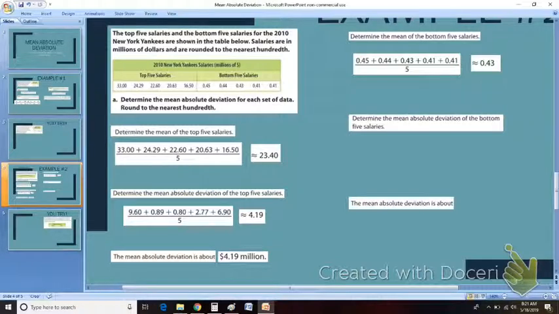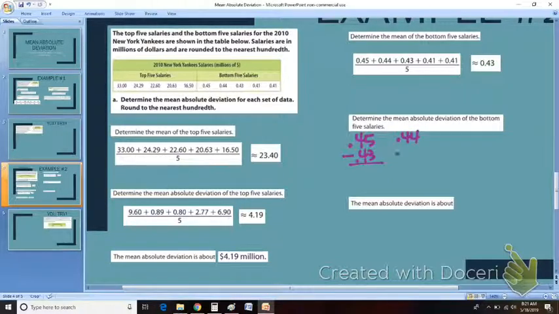Since we found the average is 0.43 or 43 hundredths, now we're going to have to subtract the average from each of our 5 salaries. So our first one we have is 45 hundredths minus 43 hundredths. So you're going to do this for each one in your data set.